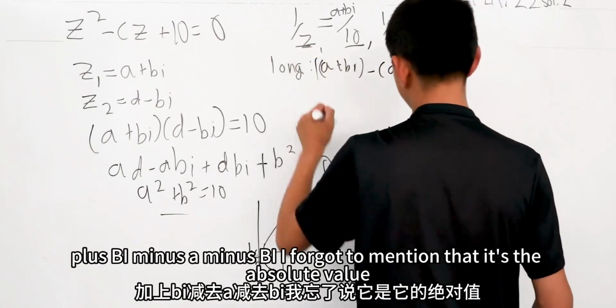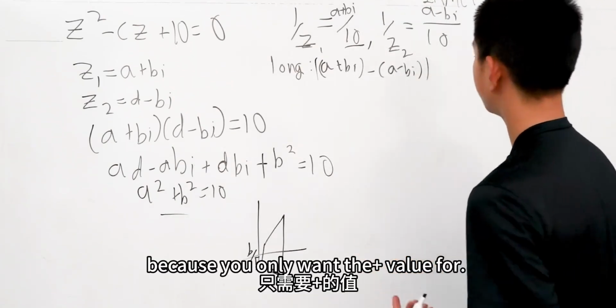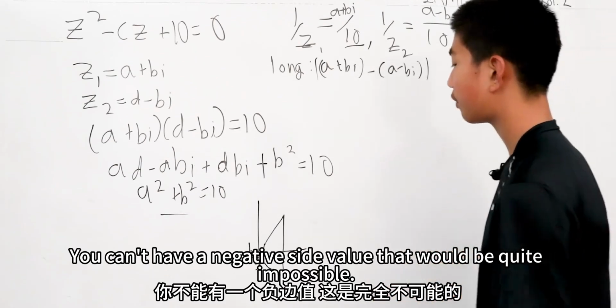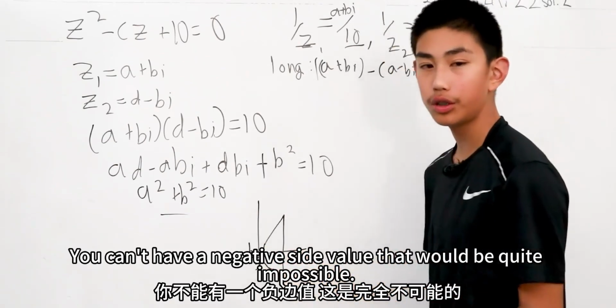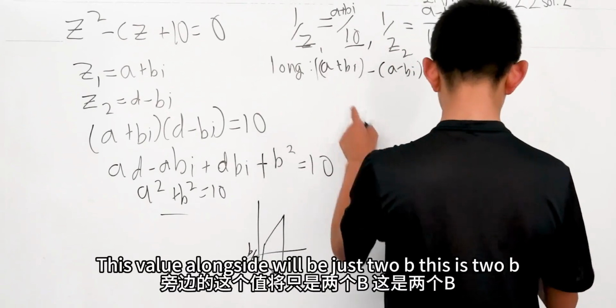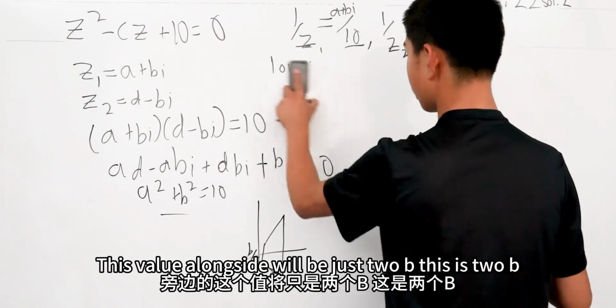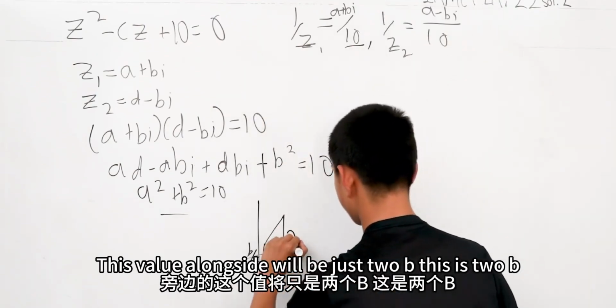I forgot to mention that it's the absolute value, because you only want the positive value; you can't have a negative side length. That would be quite impossible. And this value will be just 2b.